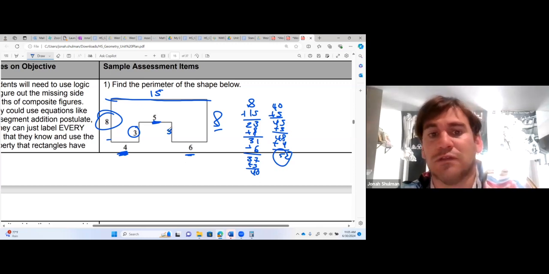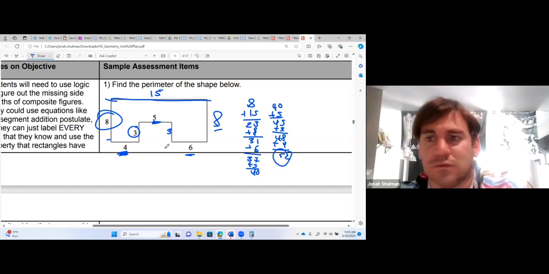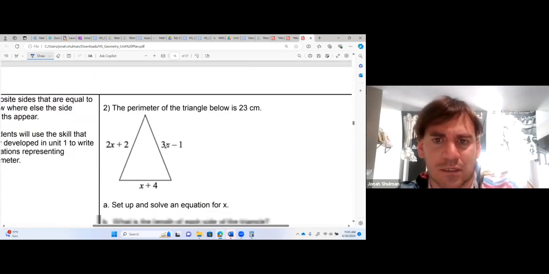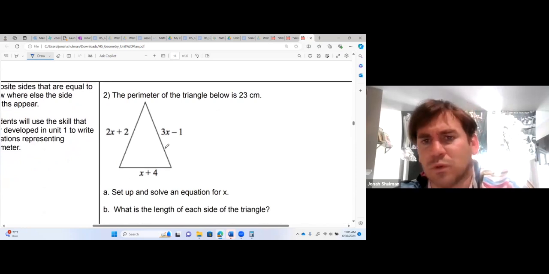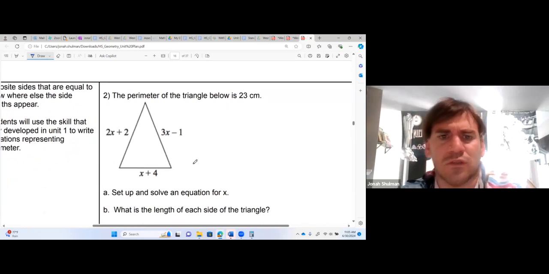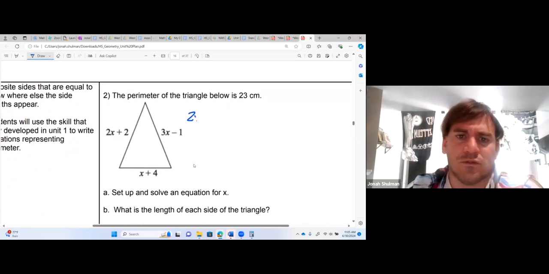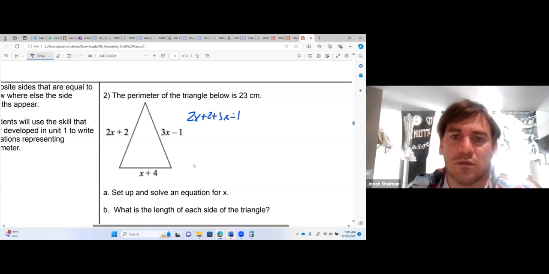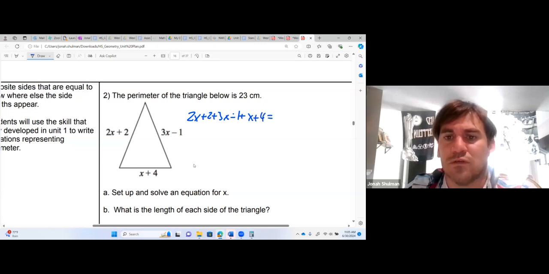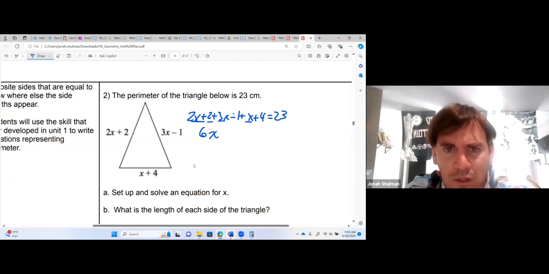A lot of students forget this piece or they don't add this piece because the numbers aren't there. That's a common mistake. And this is working backwards. The whole perimeter is 23. So it's 2x plus 2 plus 3x minus 1 plus x plus 4 equals 23. 2x, 3x, x, 6x, 2 minus 1 is 1 plus 4.